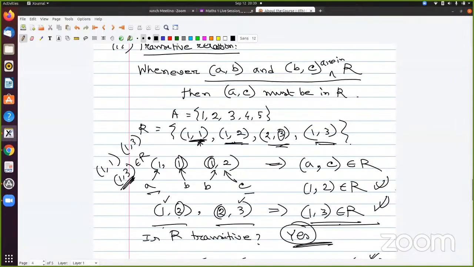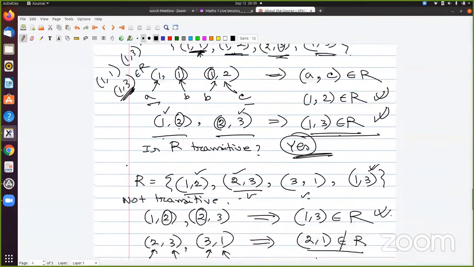Now your focus will be only on R, whatever the pairs are. If there is no (2,5), you don't have to bother about that. Is that what you are asking? Yes, sir. Okay, great.